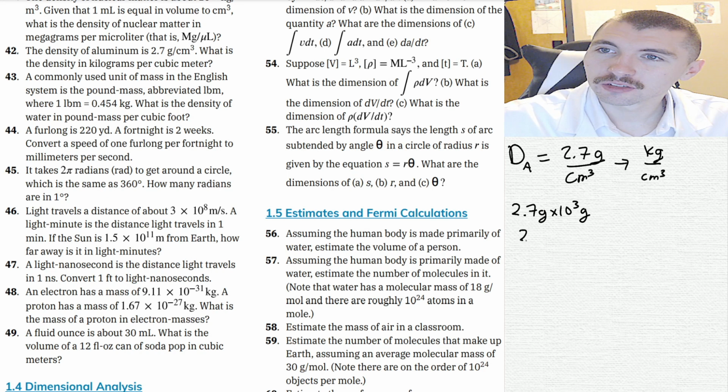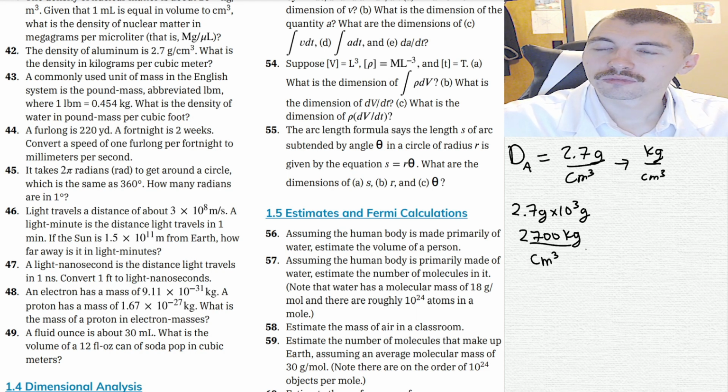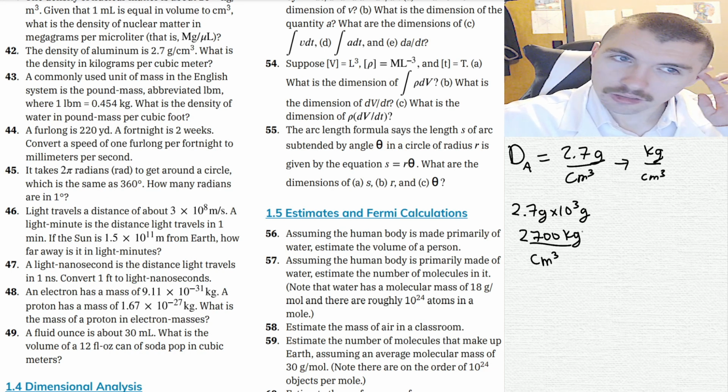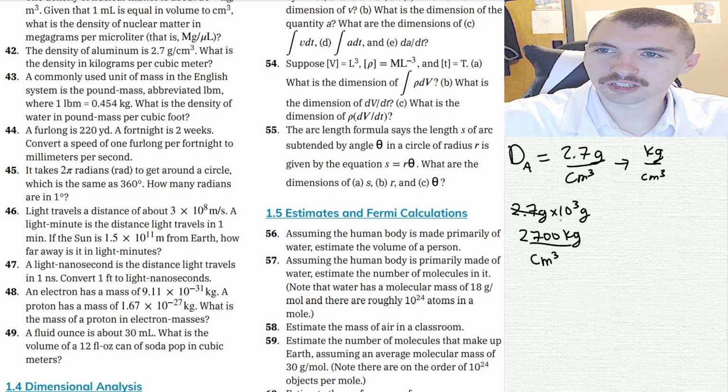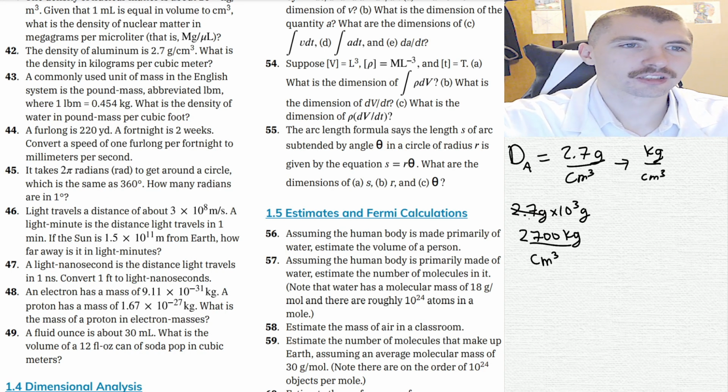So that's, yeah, that's probably right. I was thinking if I could have done an estimate, like just cancel out this, just write 10 to the 3 kilograms per centimeter. I don't think it's necessary to do that though.